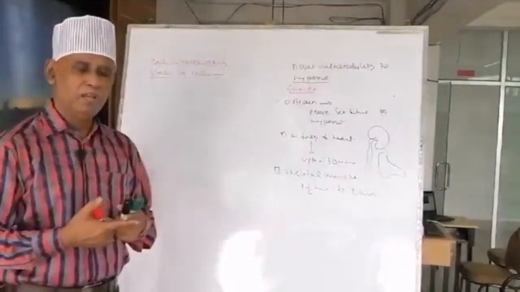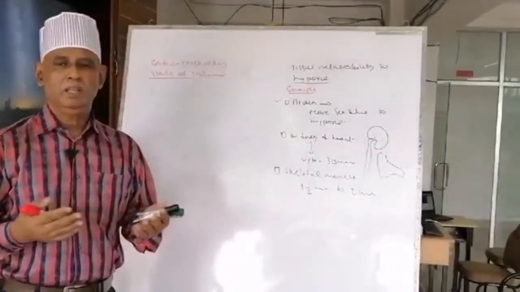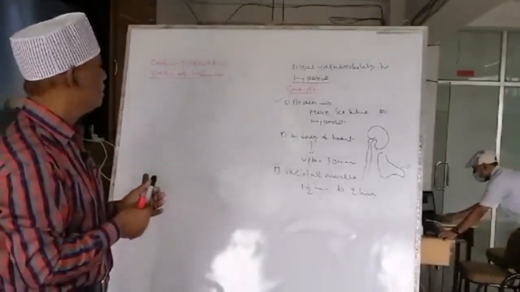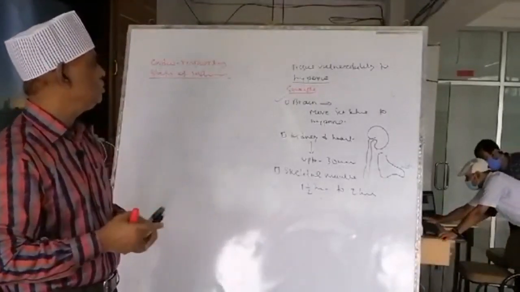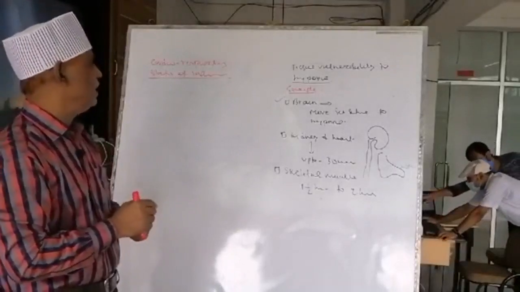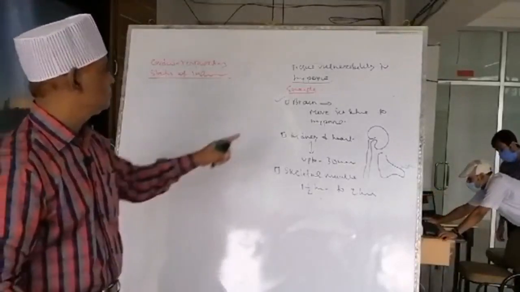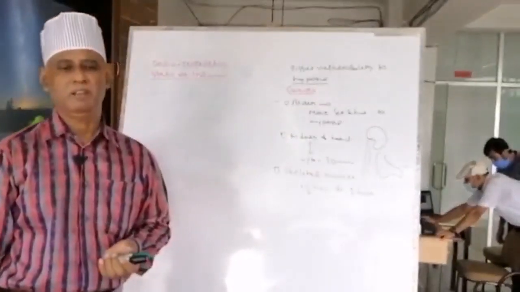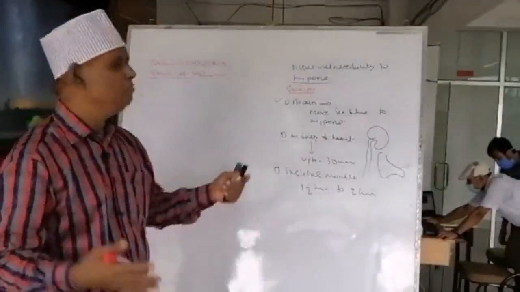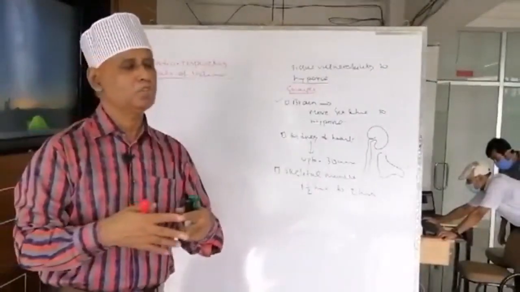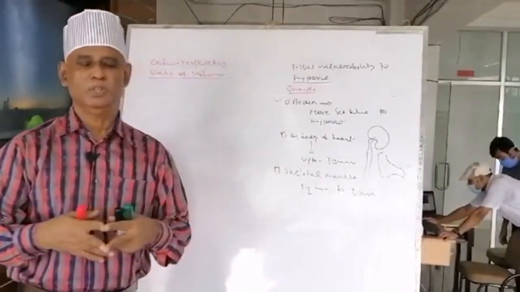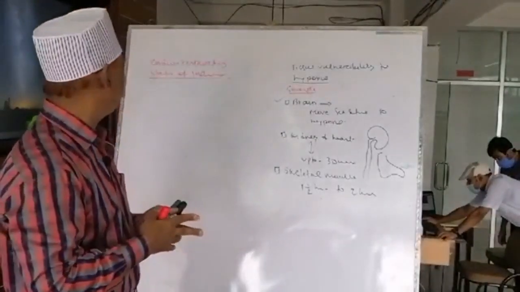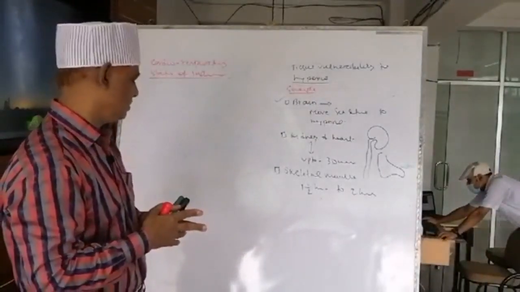Dual blood supply is associated with delay of infarction. Tissue vulnerability: the tissue which is very vulnerable to hypoxia, like the brain, is more sensitive to hypoxia. So in the brain, if there is ischemia, it undergoes infarction immediately. So this is all about infarct and infarction.